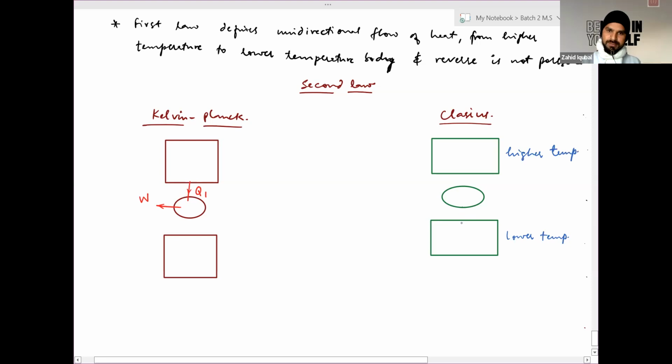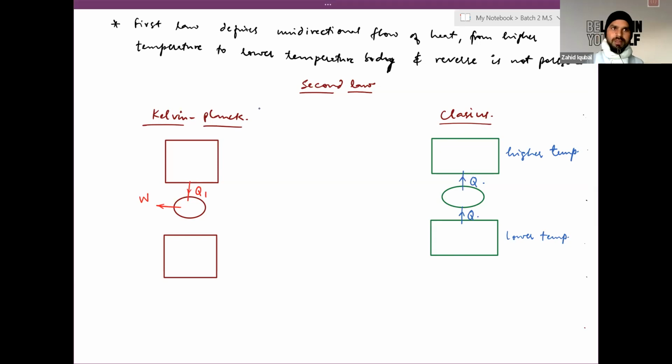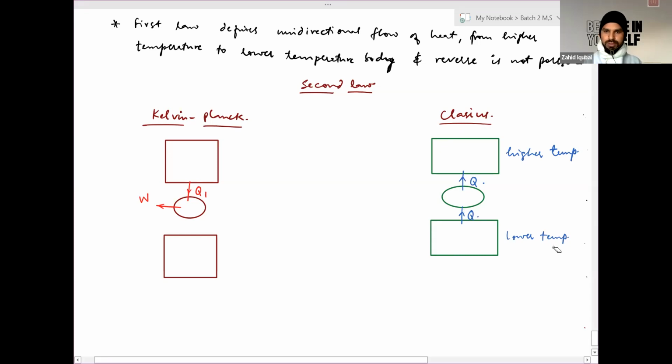It says it absorbs heat from a lower temperature body and transfers heat towards the higher temperature body. This will also not be possible. So it says no process is possible whose sole result is absorption of heat from a lower temperature body and transfer of it towards a higher temperature body without any external agency or without any help of external energy. So this will not be possible.